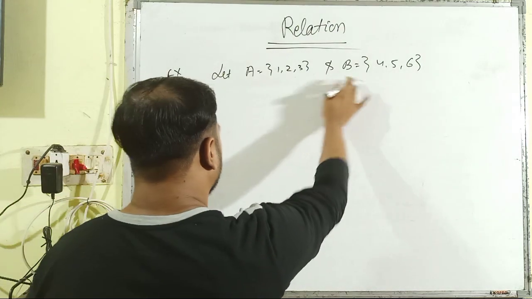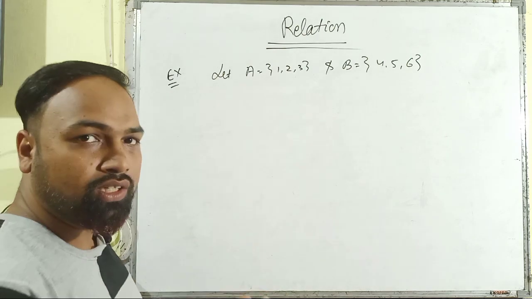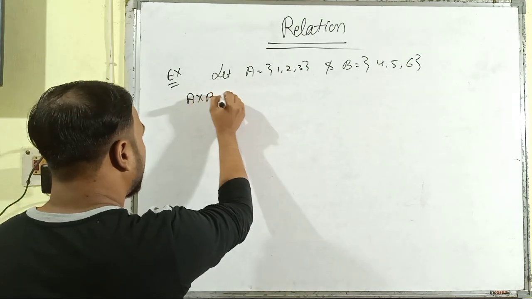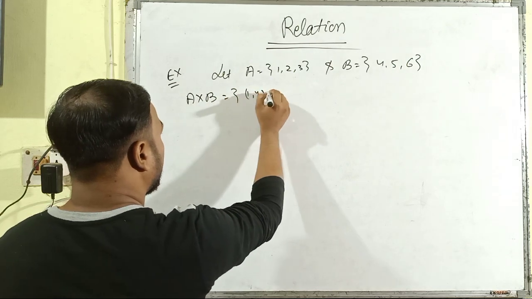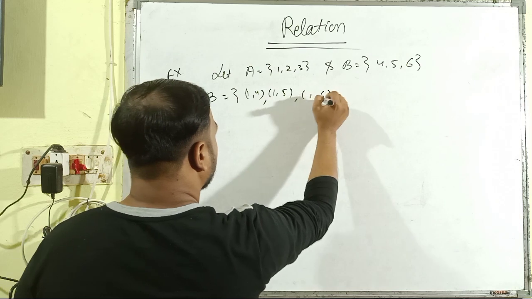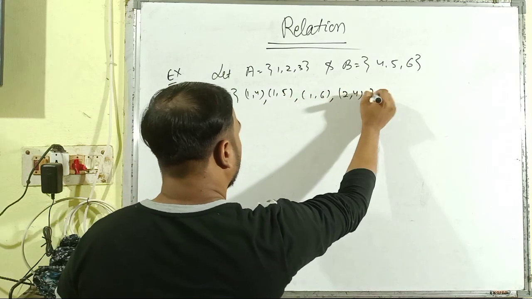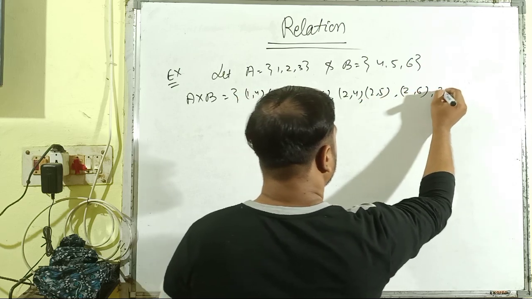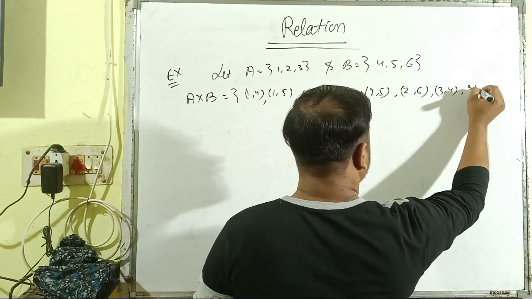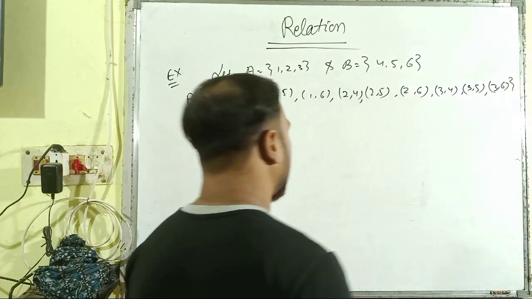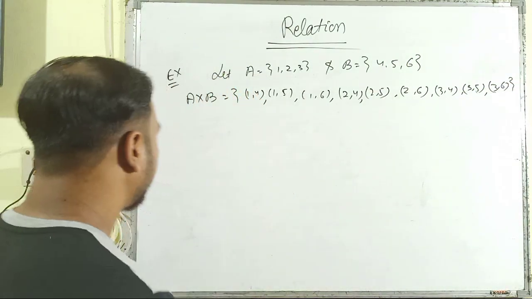By using these two sets, we can easily evaluate the Cartesian product of A and B. That is, A cross B is equal to (1,4), (1,5), (1,6), (2,4), (2,5), (2,6), (3,4), (3,5) and (3,6). Here it is the Cartesian product of A and B.